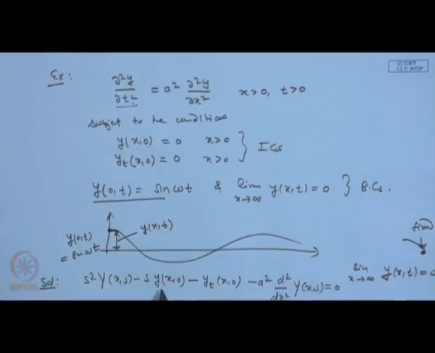So, what we see then is y x 0 is 0 and y t is also 0. So, these two terms vanish, and then we have s square y x s and this term.